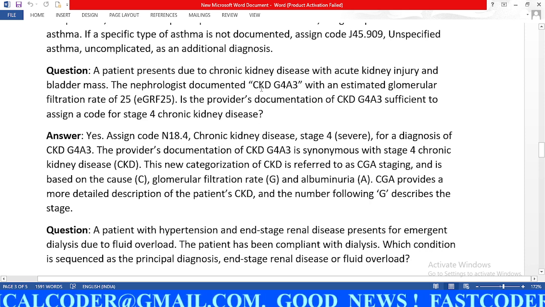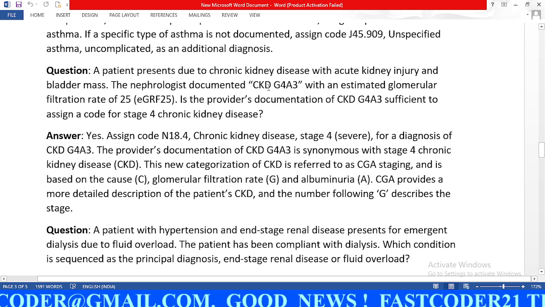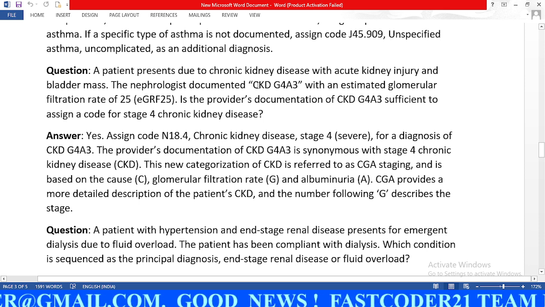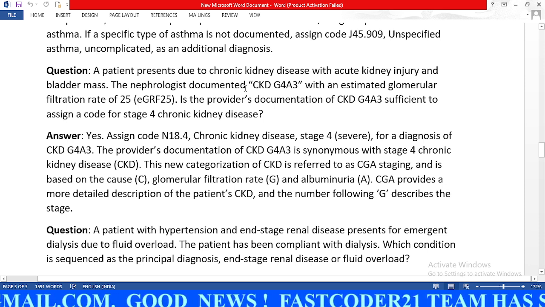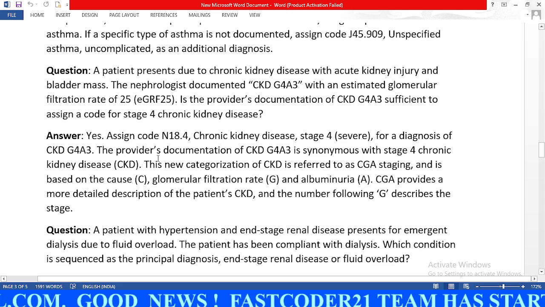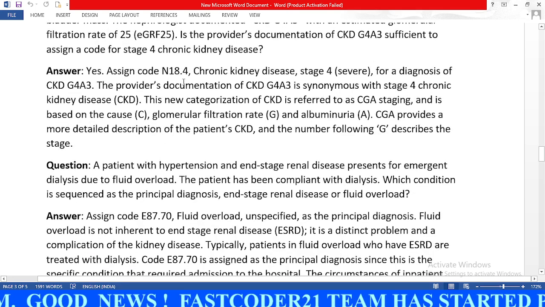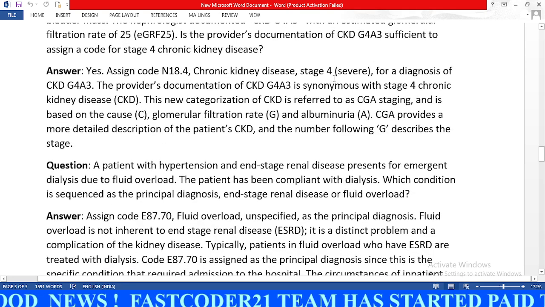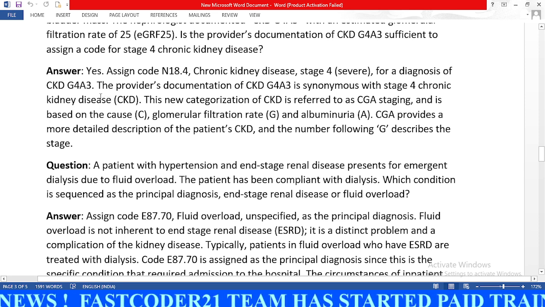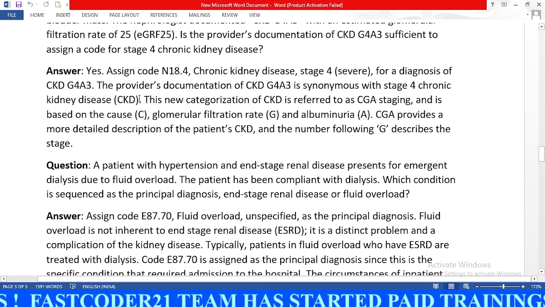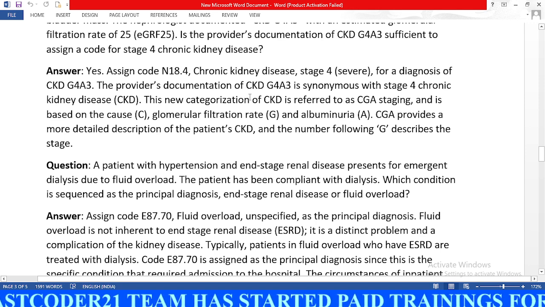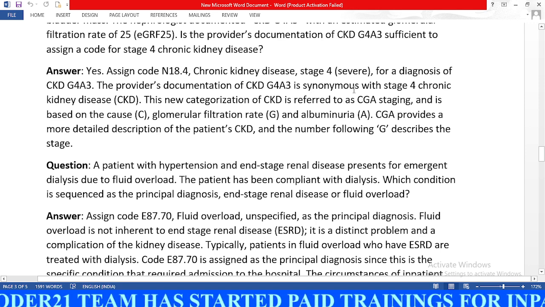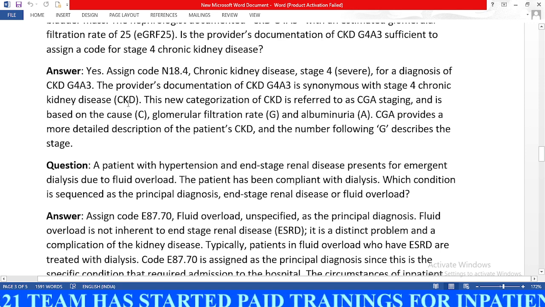So here the question is, based on the acronyms, can we code the stage reported by the physician. Answer: yes. Assign code N18.4, CKD stage 4 severe, for a diagnosis of CKD G4A3. Here, the provider's documentation of CKD G4A3 is synonymous with stage 4 chronic kidney disease.